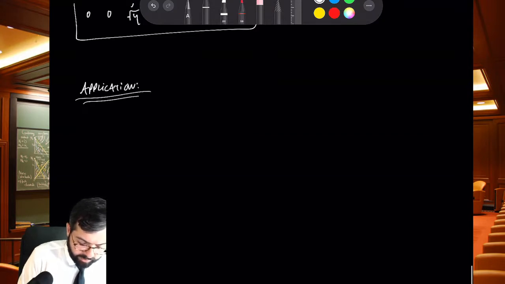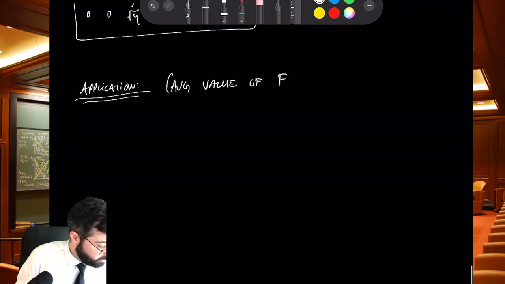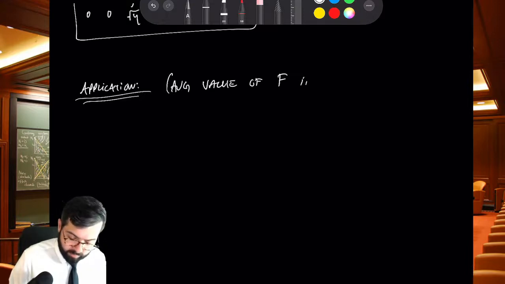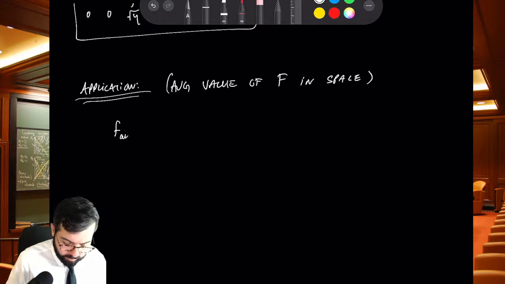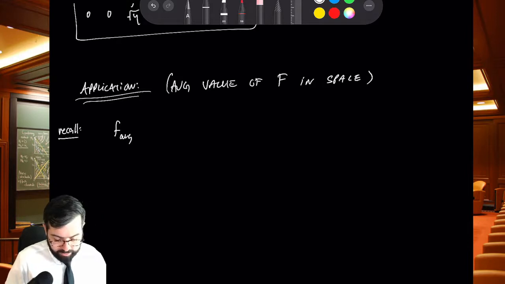Do a quick application problem. So, an average value of a function in space. You might remember that the average value of some function f was given by, in 1D, dividing the single integral by the length of the interval.